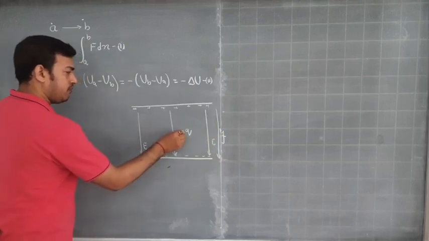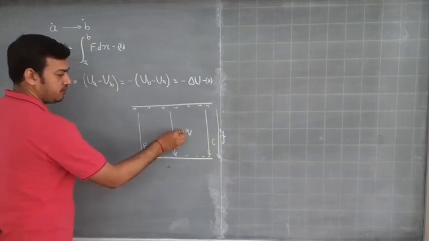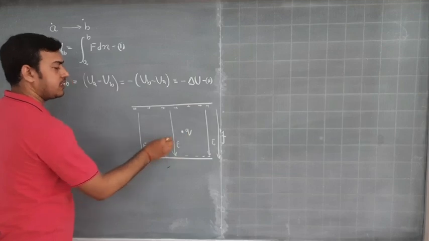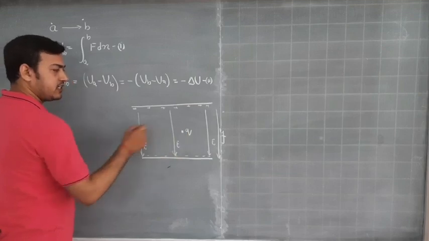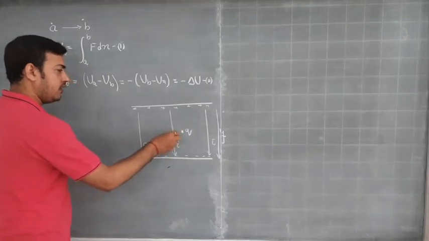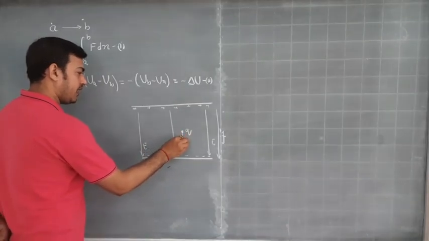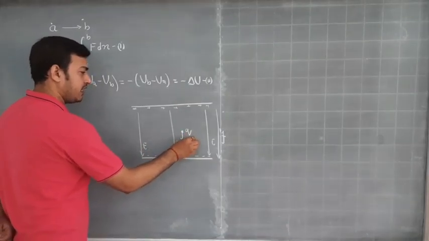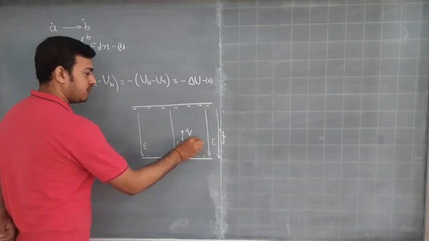If I move a charge from this point toward this plate, then you know that if the charge is placed in an electric field, it must be acted on by a force that is Q times the field.